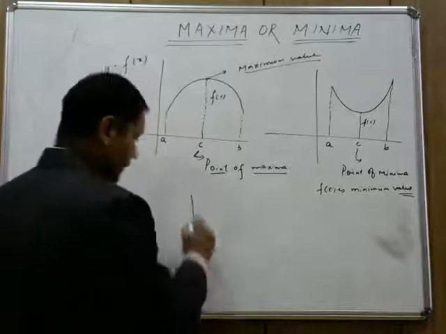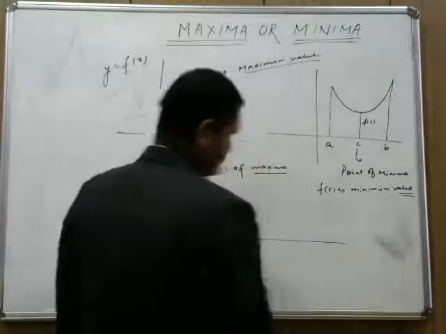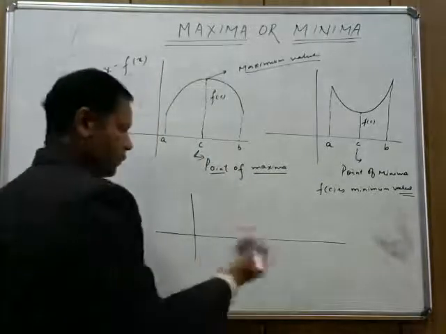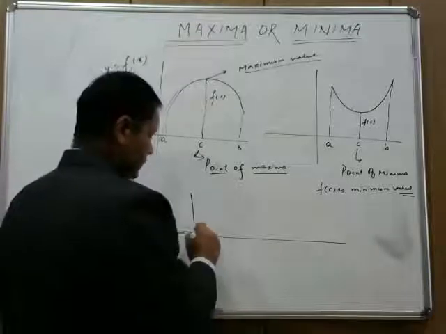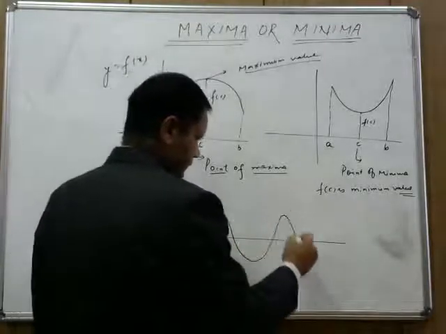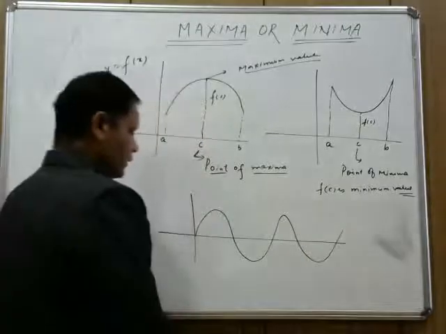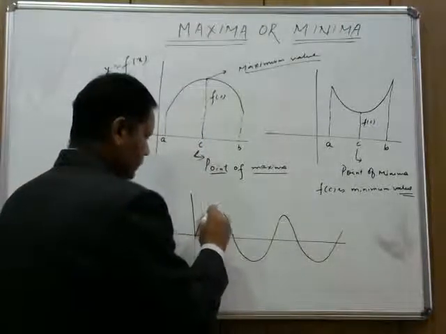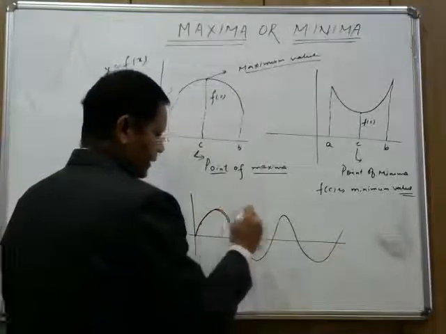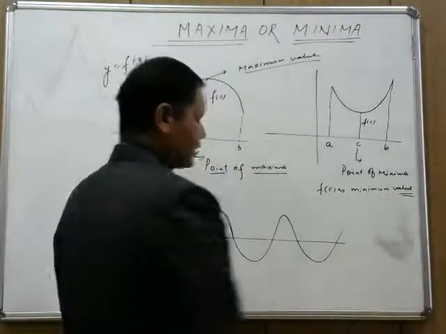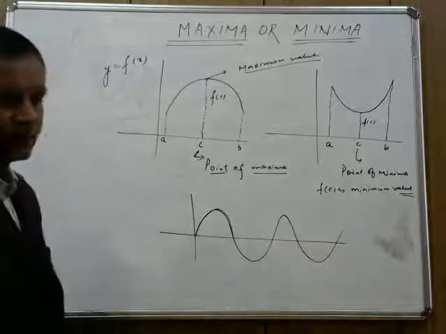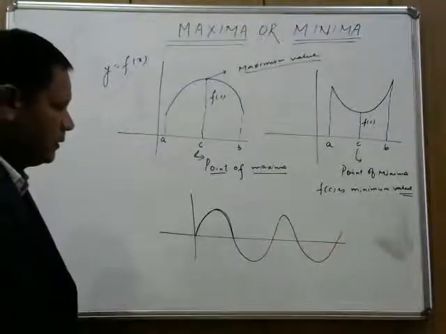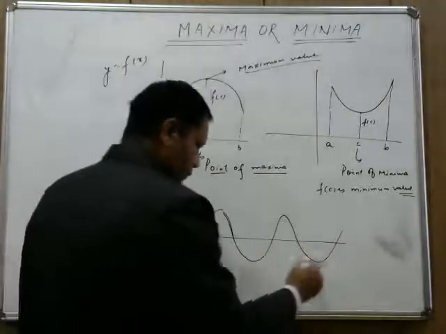If I see the graph like this, y is equal to sin x, the graph, you know that. Here if you see that the maximum value is here, at many places, right? Here the minimum value.